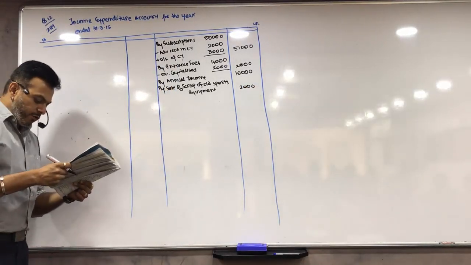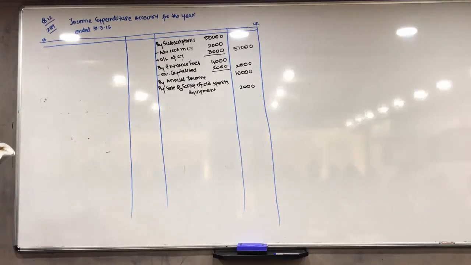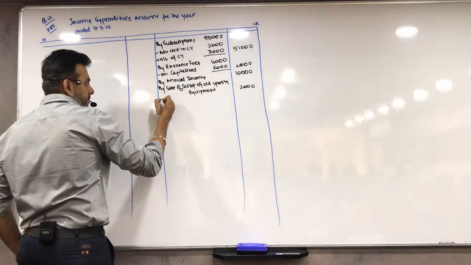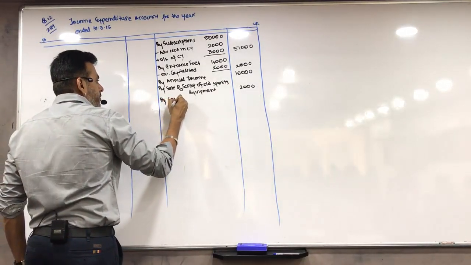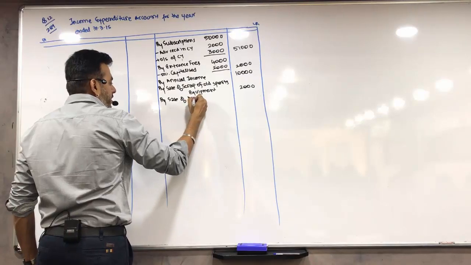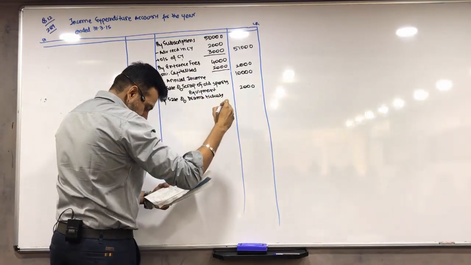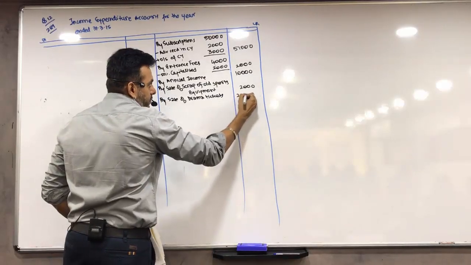Donation for sports prize. So it's a specific purpose donation. So it will go to the balance sheet. So we'll ignore it, cut it. Sale of drama tickets. By sale of drama tickets 20,000.